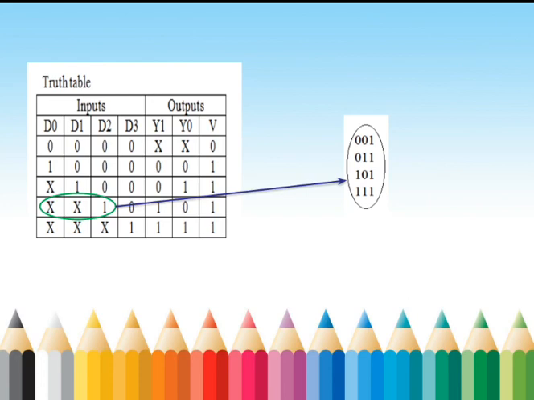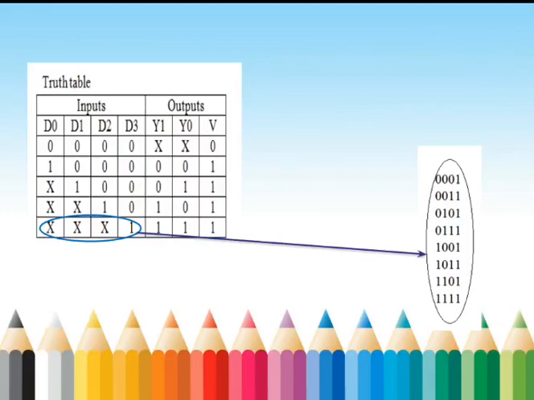In the same way, D3 is enabled regardless of the other inputs D0, D1 and D2. Now the output moves to the highest priority, that is 1 1. The valid indicator also enables.